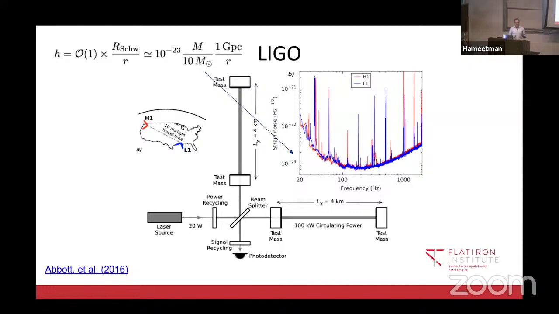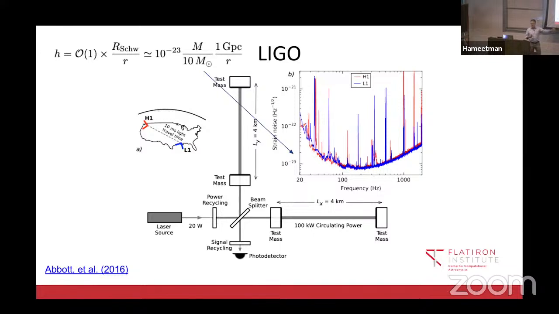LIGO is an instrument that is optimized to detect stellar mass compact objects at gigaparsec distances. Okay, great. And to complete the dig at electromagnetic astronomy, if this noise level drops by a factor of 2, we can see the same intrinsic strain to twice the distance, which is 8 times the volume in a Euclidean universe.